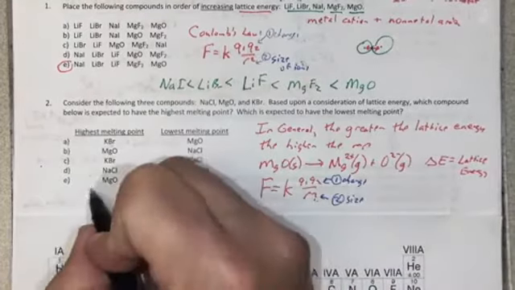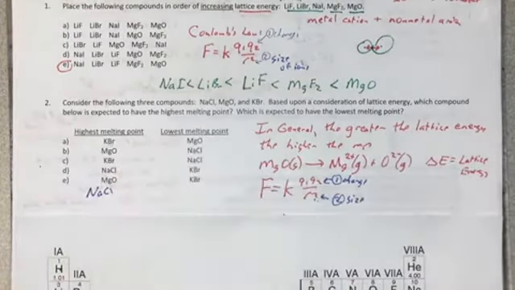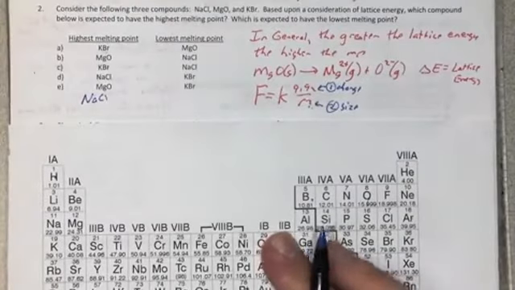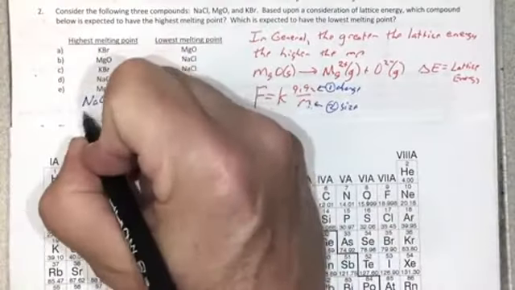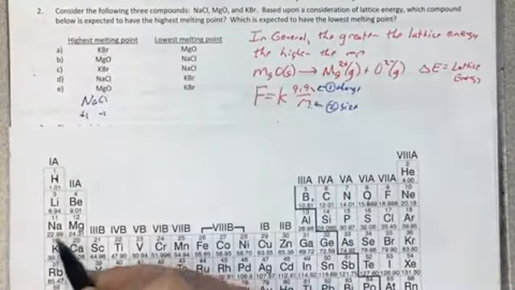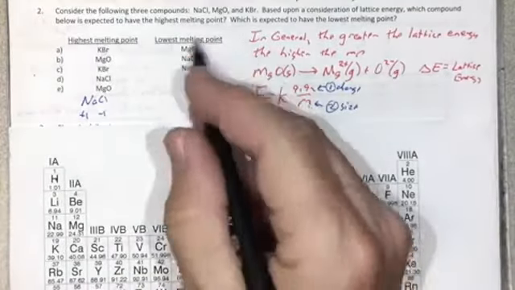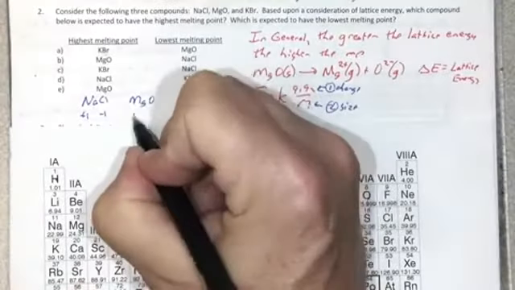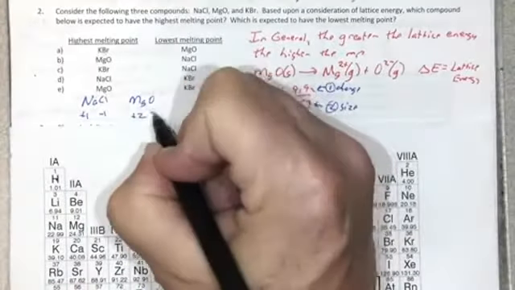And as I compare these 3, I've got sodium chloride. And using the periodic table, I can verify what their charges are. The charge of the sodium cation is +1, chloride is -1. Next, we would look at magnesium oxide. Magnesium oxide, from group 2, this is +2, oxygen is -2.